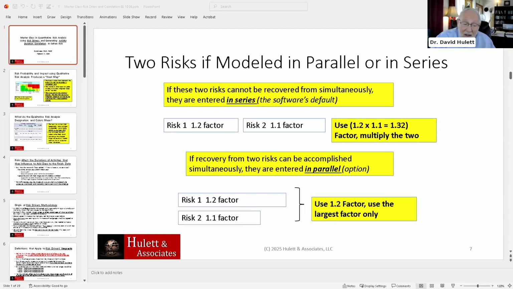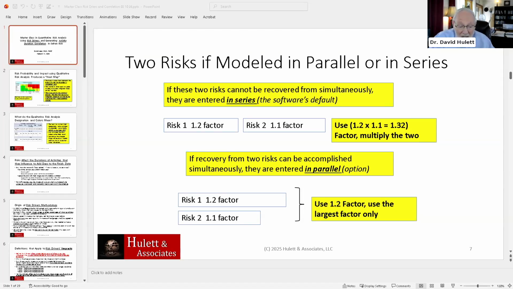On the other hand, and go down a little further below, sometimes recovery from the risk can be accomplished simultaneously. And so, for instance, 1.2 is no longer the crane breaking, but it is a risk that if it happens, we have to survive it. That's what the risk is. It's not mitigating the risk. It is actually surviving a risk that has happened.